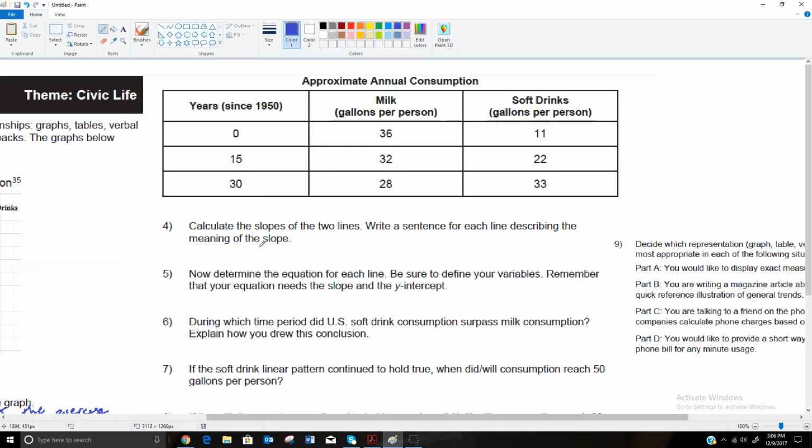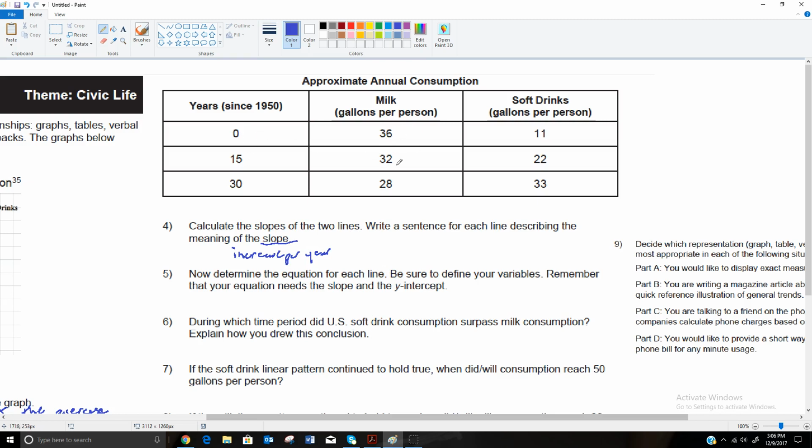And slope is just a fancy way of saying what's the increase per year. Okay, so don't let that word scare you and think, oh my gosh, that's algebra class. It's not. I mean, it is, but it's not. All we need to know is how much it increased or decreased.